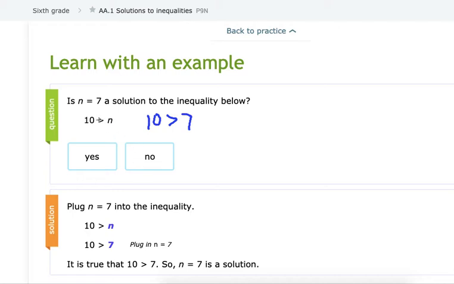Is 10 greater than 7 a solution? Yes, that is. So 7 is a solution for that one too. So you just substitute it in and see if it makes a true statement. So 10 is greater than 7. So that one would be yes.